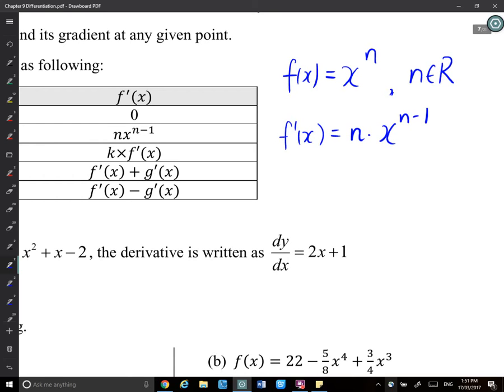The book introduced this in 3 exercises, which is really funny. They introduced n as a positive integer, then as a negative integer, where it is still applied, and then as a rational number, like a fraction or 0.1, 0.2, where it is still applied. It's not really important to teach them individually in 3 exercises.